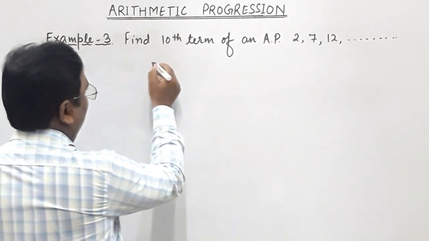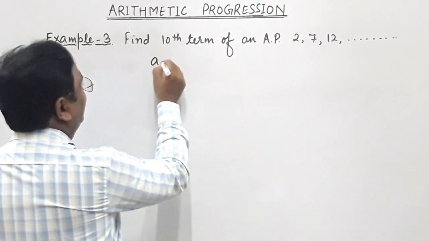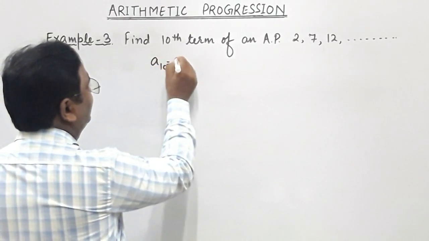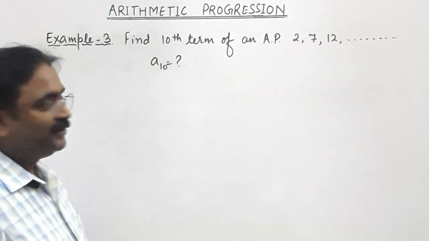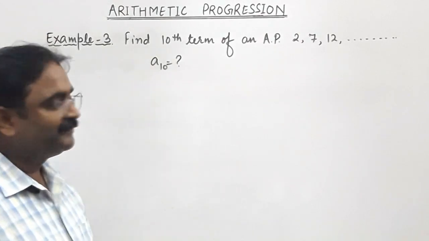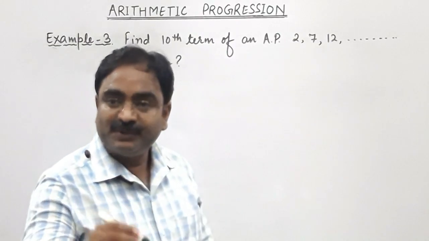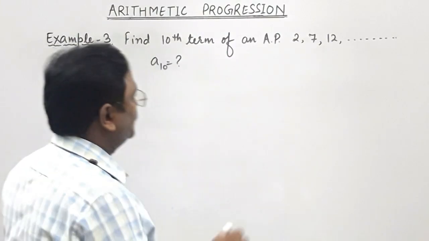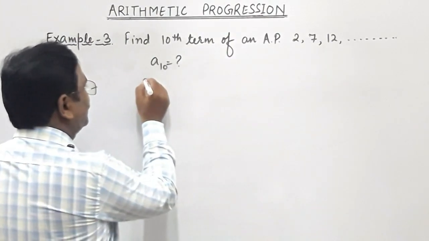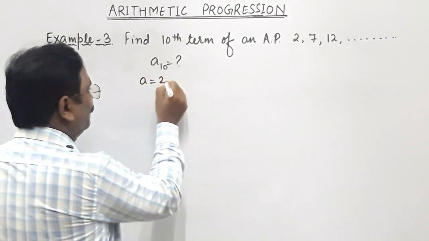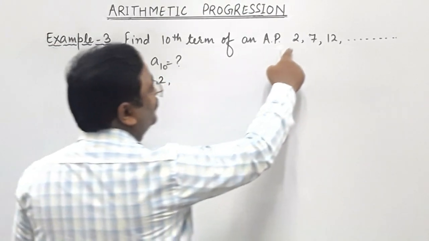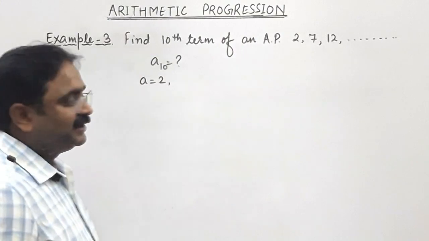To find a_10, first of all we have to decide from this series what is the first term and what is the common difference.